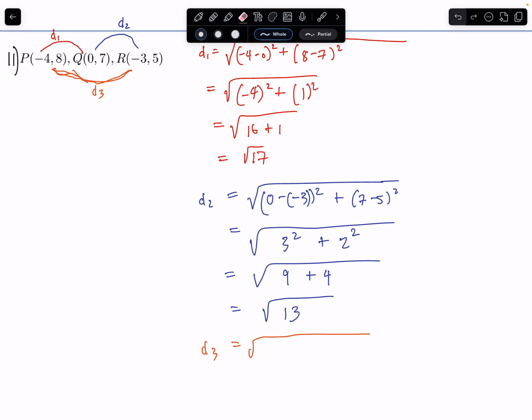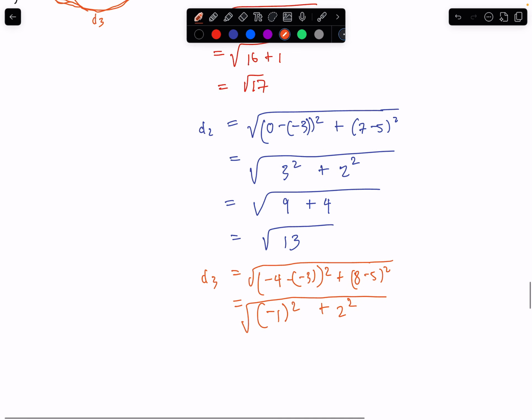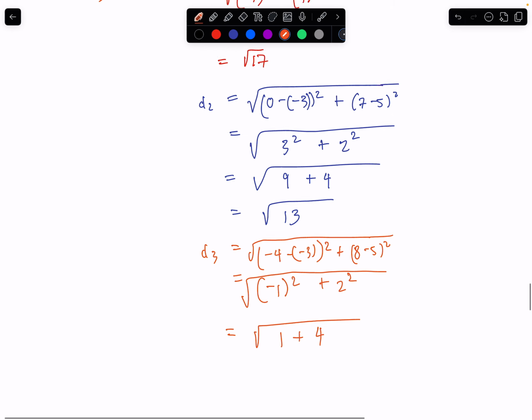This is P and R. So I'm looking at -4 minus -3 squared plus 8 minus 5 squared. -4 minus -3, that's -4 plus 3, which is -1 squared, plus 8 minus 5 is 3 squared, and the square root of all that. -1 squared is just 1, 2 squared is 4. So it's a square root of 5.